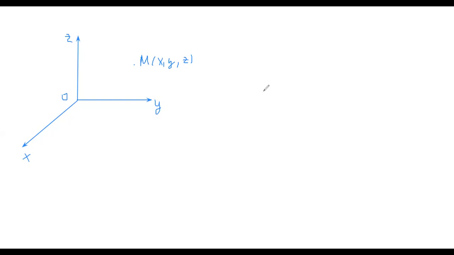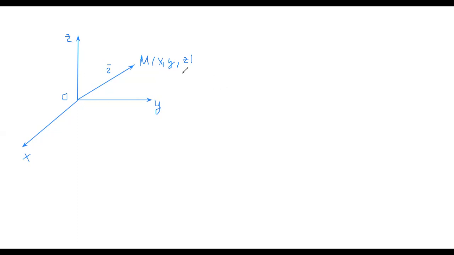Let's continue. Another way to set a point in space is to set it by radius vector. What is this? Radius vector is a vector that begins in the reference point and has its end in the material point.